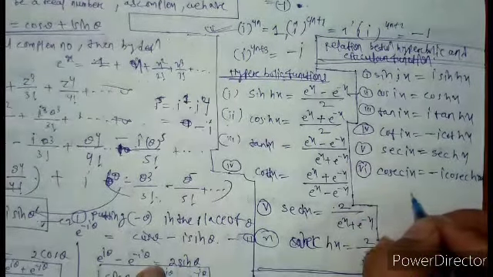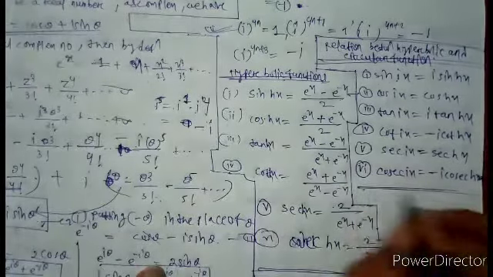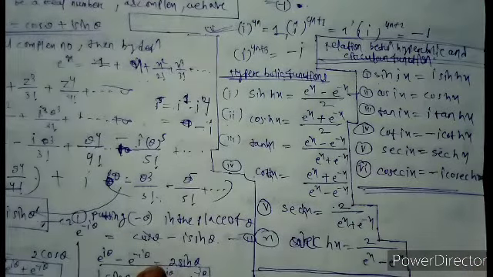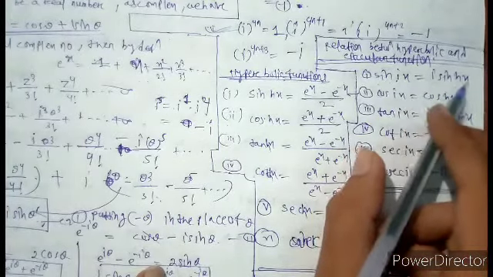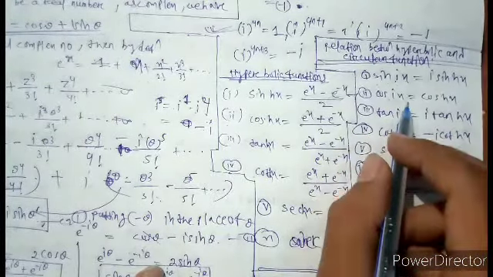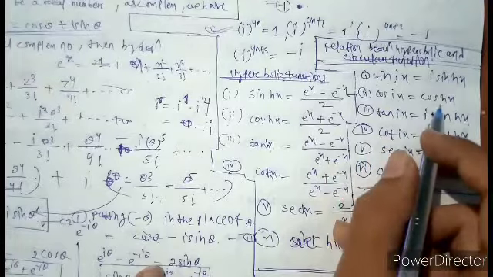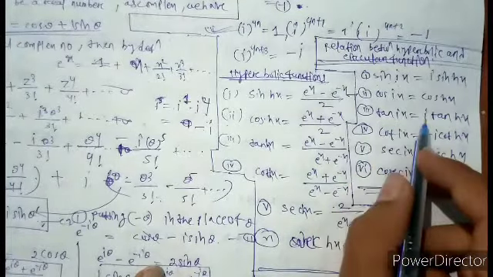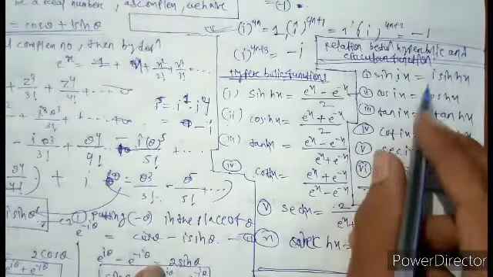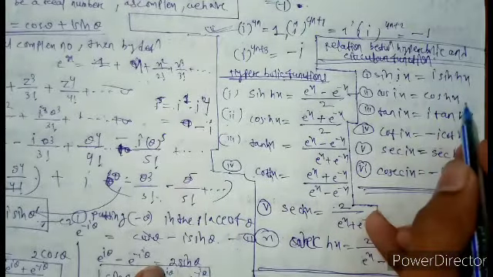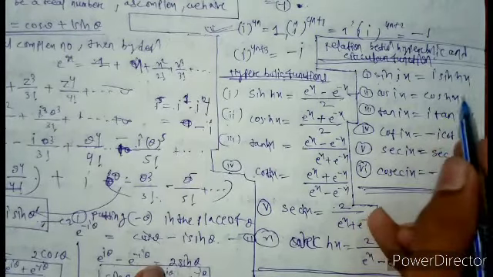Then come to the proof of all these. How can we prove that sin ix is equal to i sinh x, cos ix is equal to cosh x, tan ix is equal to i tanh x, because i sinh x upon cosh x is i tanh x.